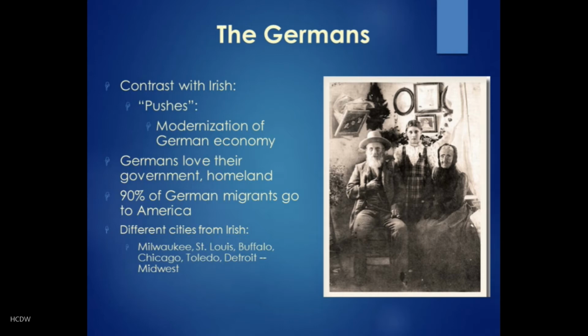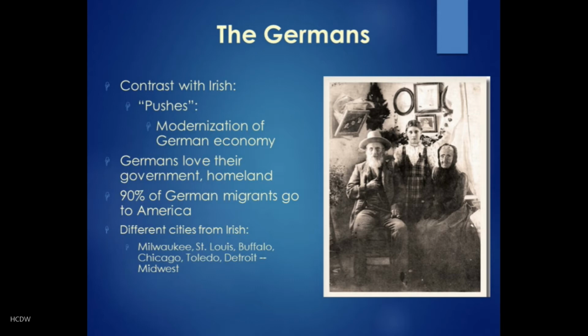And so many of them just sought opportunity and work by migrating to the United States. They generally didn't flee because they hated the situation in their homeland or hated their government. They actually continued to love their homeland and government, while the Irish despised the English who were controlling things in Ireland.